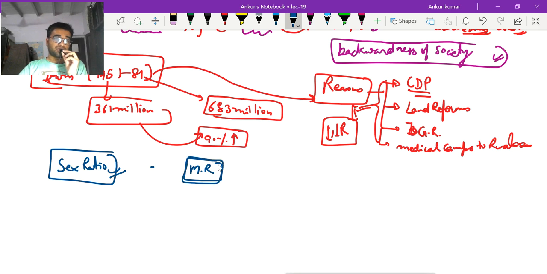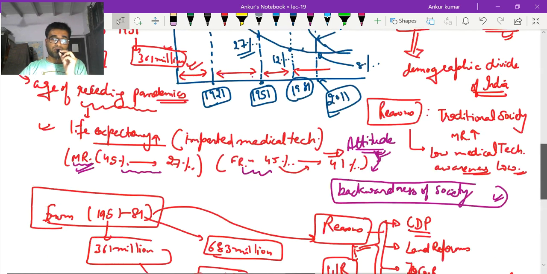This access reduced the mortality rate, but the sex ratio, which largely is determined by the attitude of the society, remains very low, and the societal attitude was not changed over time. So these factors led to a reduction in the mortality rate, but the fertility rate was again not reduced that fast.